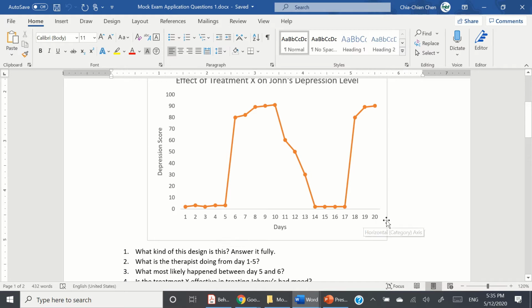Okay, so most likely what happened between day 5 and day 6 is that the treatment with the therapy was introduced to Johnny, and therefore we saw a rapid improvement in his depression score.